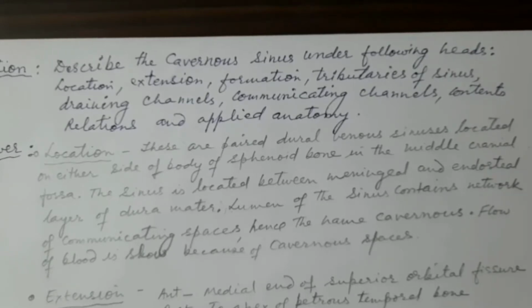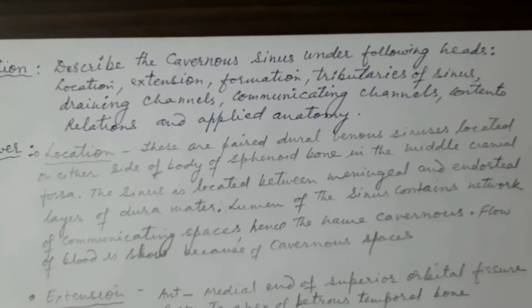The lumen of the sinus contains a network of communicating spaces. That means there is a sponge-like structure within the lumen of this cavernous sinus, and these spaces intercommunicate with each other. Hence the name cavernous. Small spaces are like caves which intercommunicate with each other.